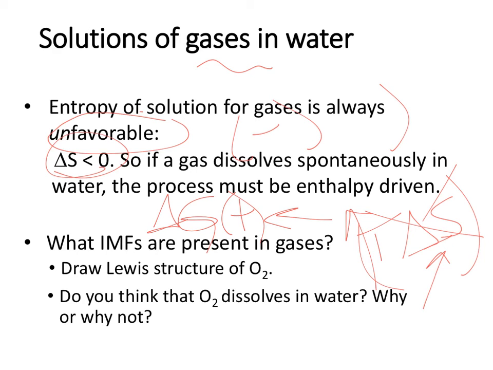They're really far apart from each other compared to liquids and solids, and we can make the pretty valid assumption that the intermolecular forces between gases are zero. So there are no intermolecular forces between gases. In other words, the energy taken to separate gas molecules is about zero. So that's favorable for dissolving.